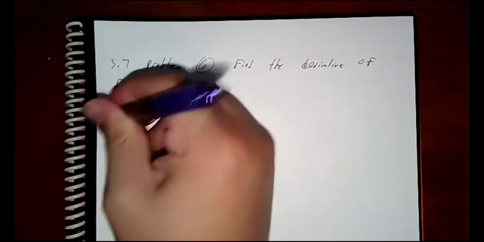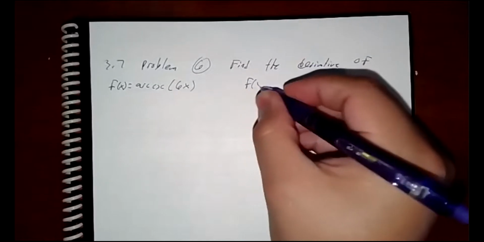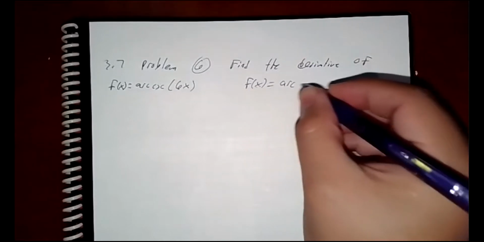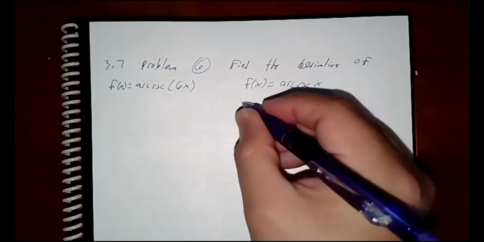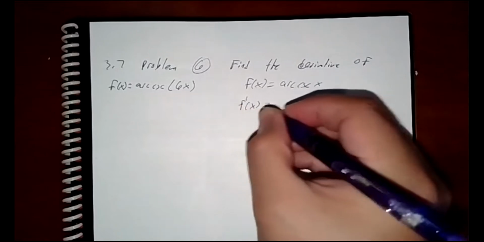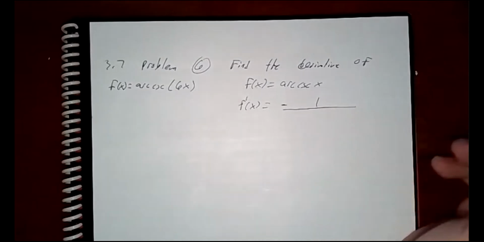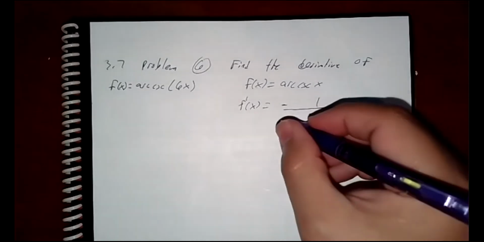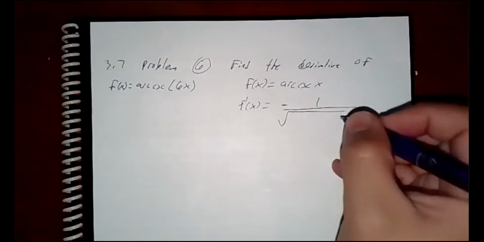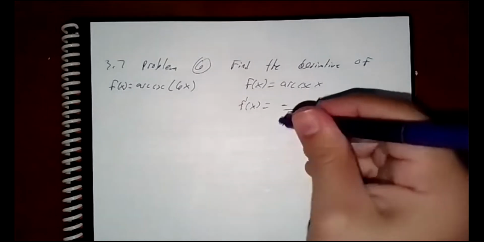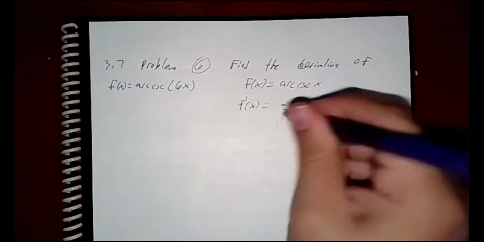So the derivative, well, we should write the formula. The formula says the derivative of arccosecant x is equal to negative, it's always going to be a negative, it's built in, 1 over, well, actually there's an x in front.